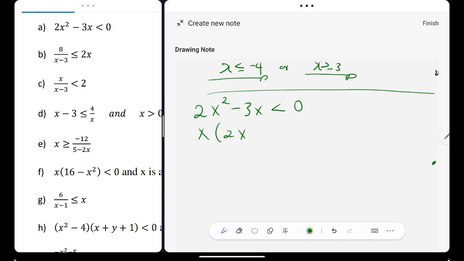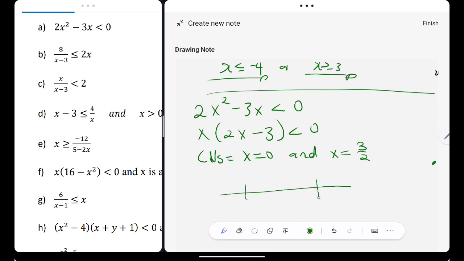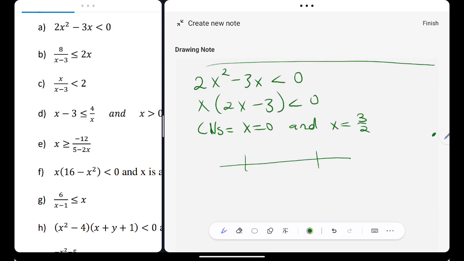I'll be left with x(2x minus 3) is less than 0. Now everything is factorized, I can write my critical values. My CVs: x is 0 and x is equal to 3 over 2. And then express on the number line, 0 is less than 3 over 2.